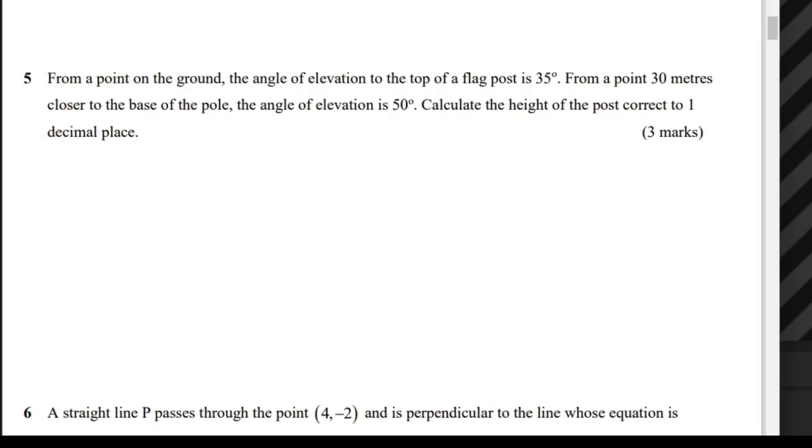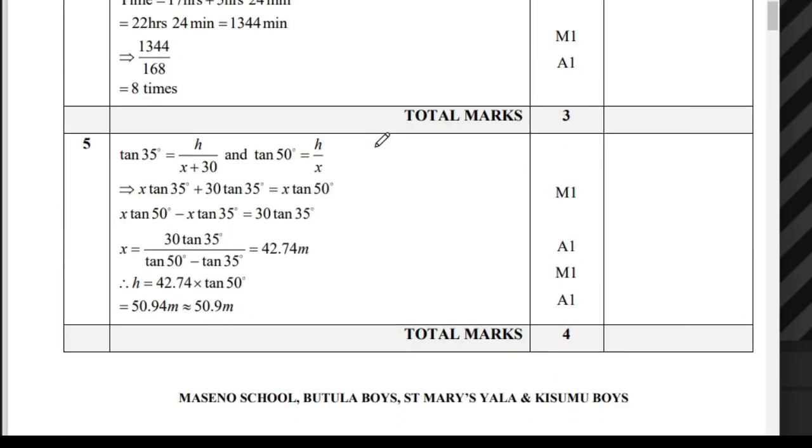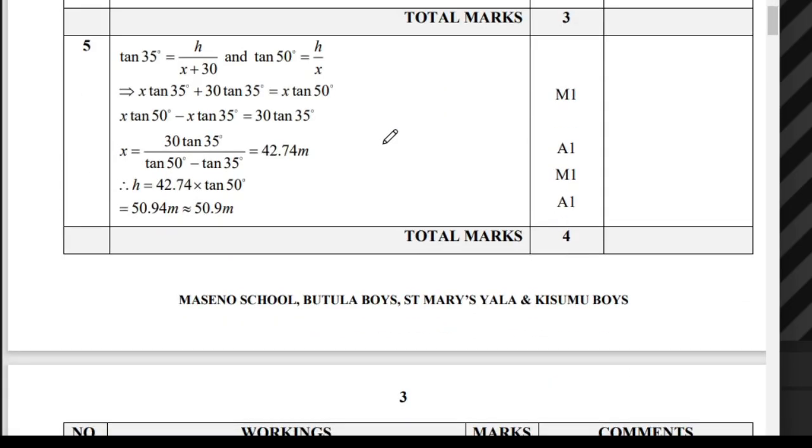You either use SOHCAHTOA where applicable, or you can as well use the Pythagoras theorem where it applies. So SOHCAHTOA works here very much. Make sure you are able to get this.